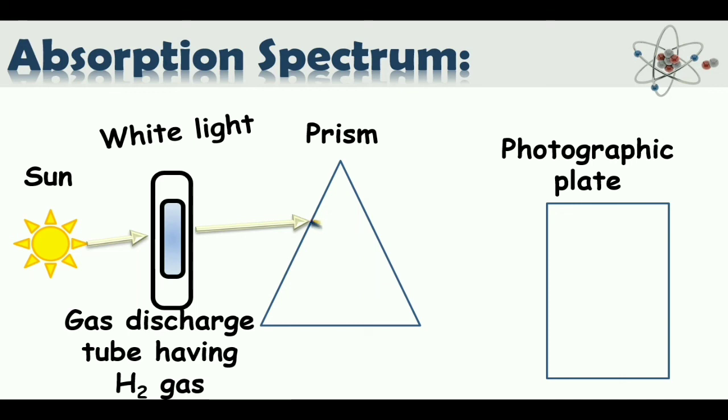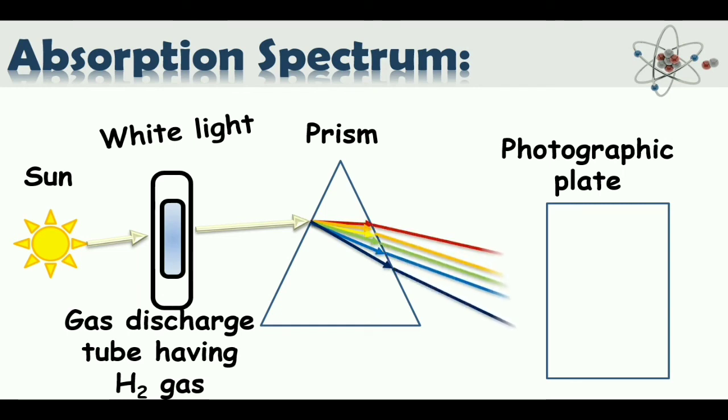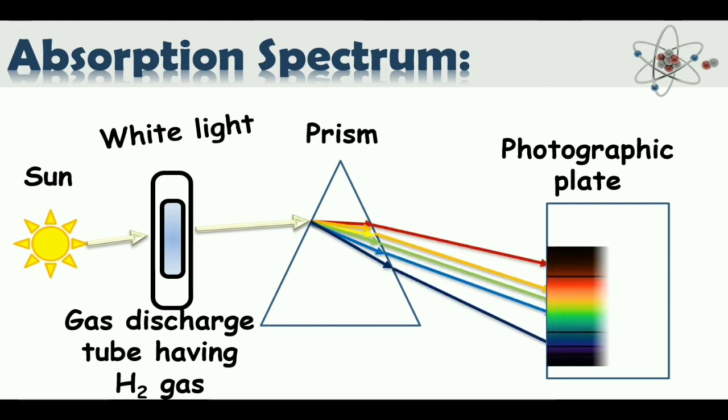When it is sent to the prism, you can see some of the lines are missing. Those missing lines are represented by black lines. These black lines are the result of the absorption of light by hydrogen gas. If the spectrum is formed like this, it is called an absorption spectrum, because the missing black lines are the result of absorption.